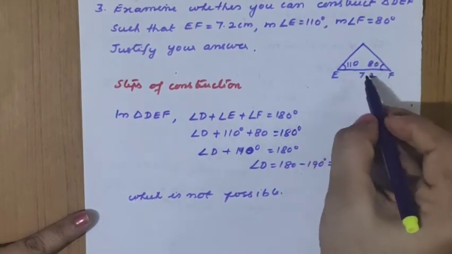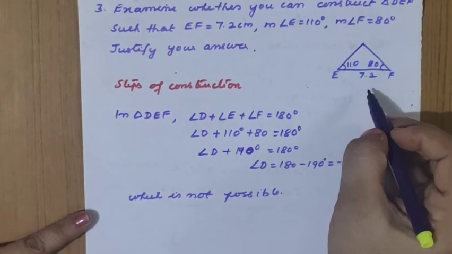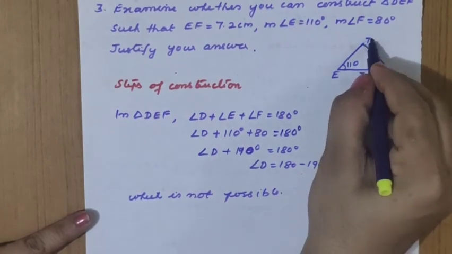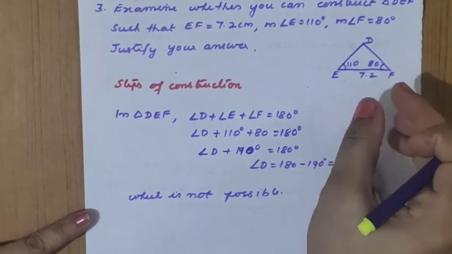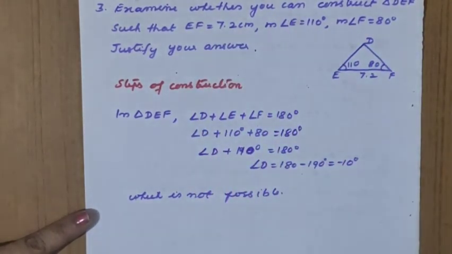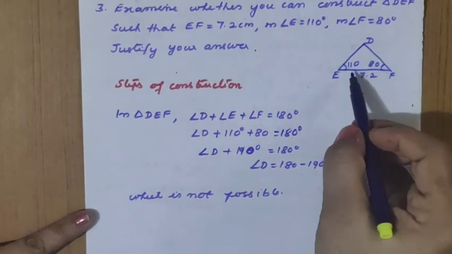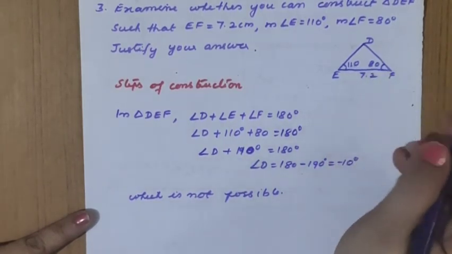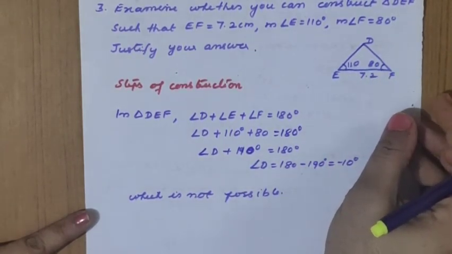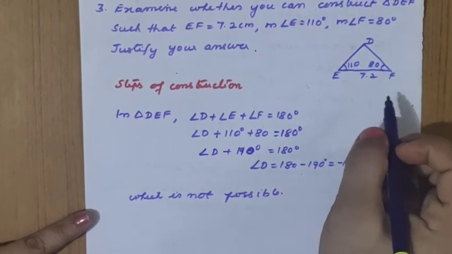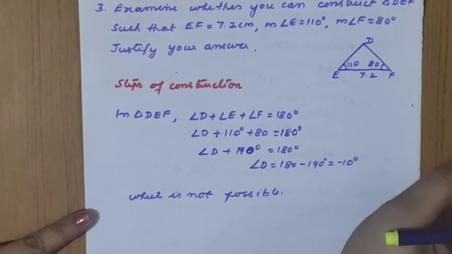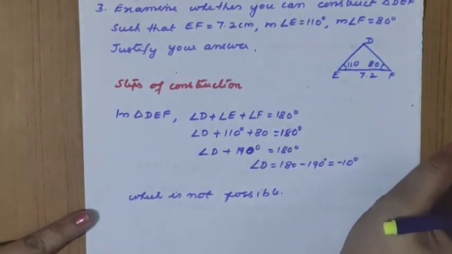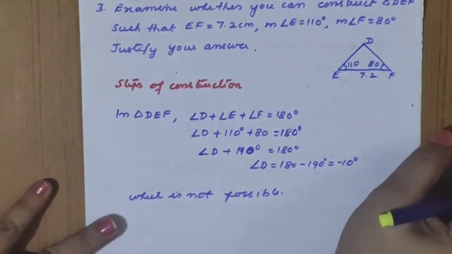So when you see this one, it is two angles and the included side only, right? So the idea is the ASA criteria only, but the question asked is, examine whether you can construct it. So when we add 110 plus 80, what is the sum we are getting? 190, right? So 190 is not possible for interior angles in a triangle. What is the maximum value for interior angles in a triangle? The sum of all the angles is equal to 180 degrees only.